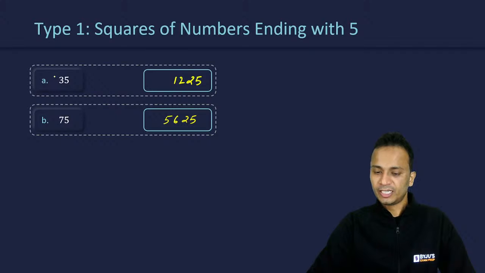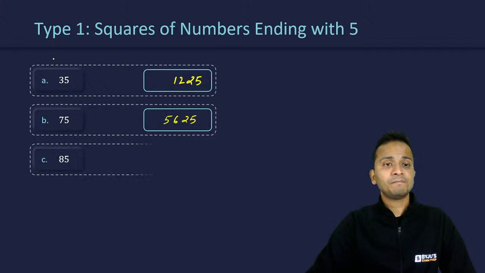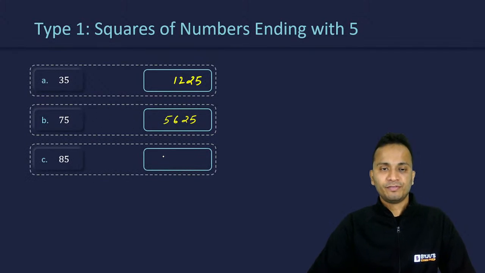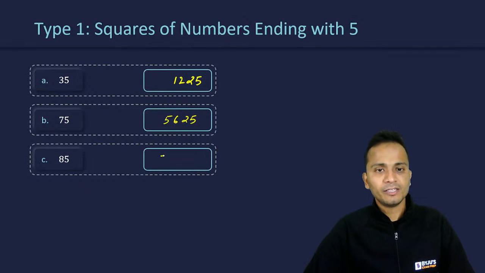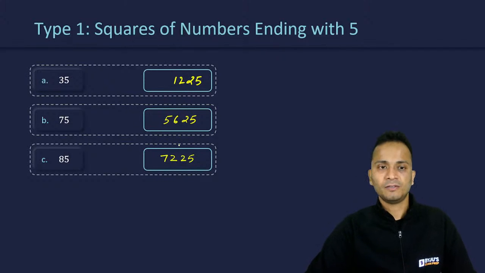Dhyaneshwar, all right, great. Let's see part C: 85 into 85. 8 into 9 is 72 and then 25. 7225 will be the answer.